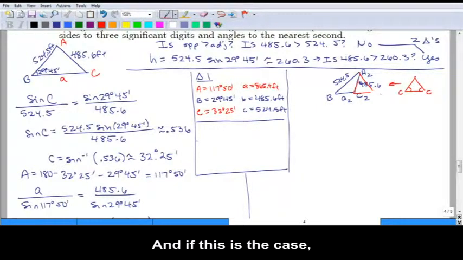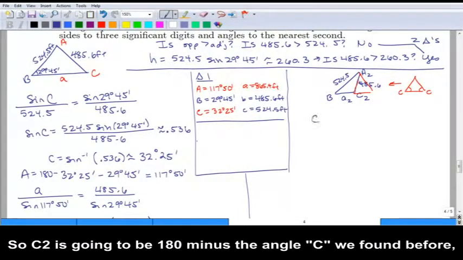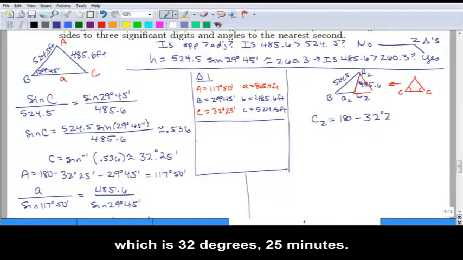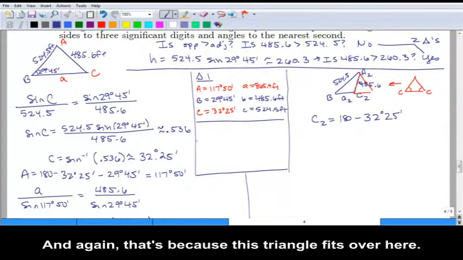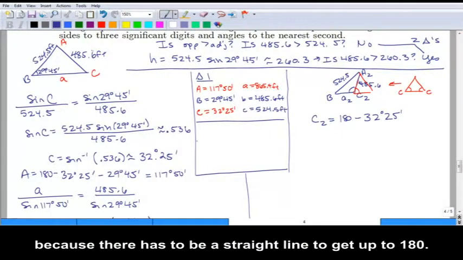And if this is the case, then we can easily find C2 because it is the supplement of angle C. So C2 is going to be 180 minus the angle C we found before, which is 32 degrees, 25 minutes. And again, that's because this triangle fits over here. We've got angle C, so then angle C2 would be the supplement because it has to be a straight line to get up to 180.